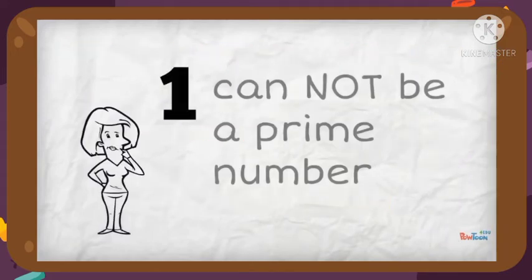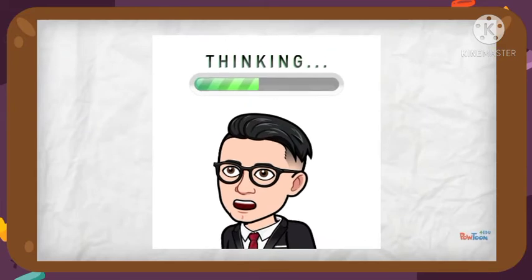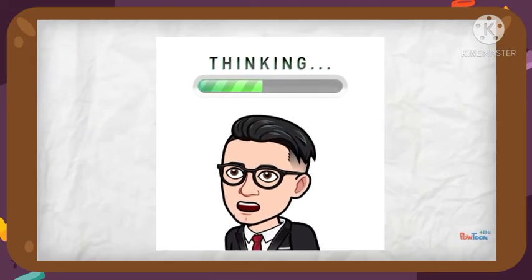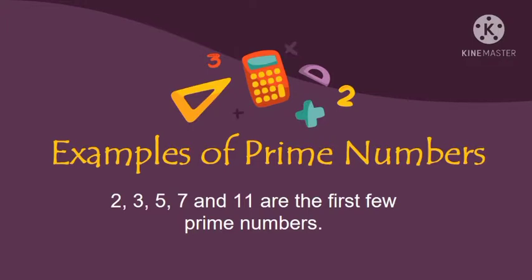This means that 1 can't be a prime number. If 1 is not a prime number, so what are the examples of prime numbers? The examples of prime numbers are 2, 3, 5, 7, and 11. These are the first few prime numbers. Did you get it?